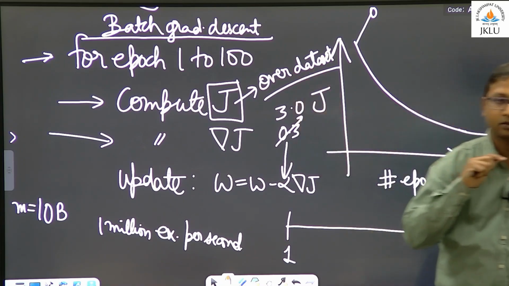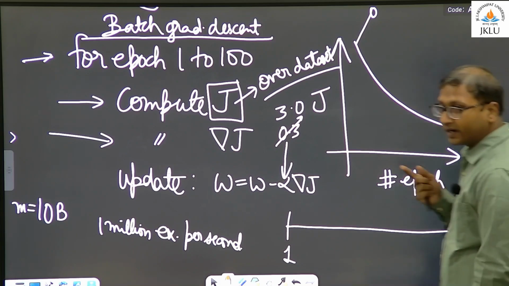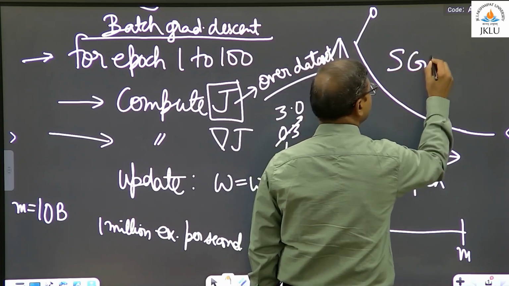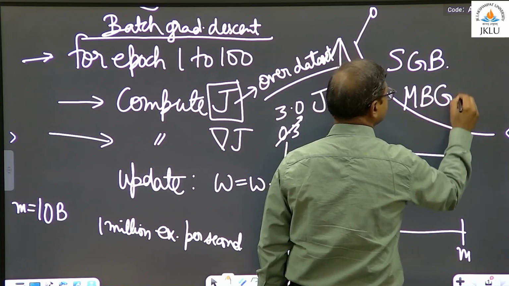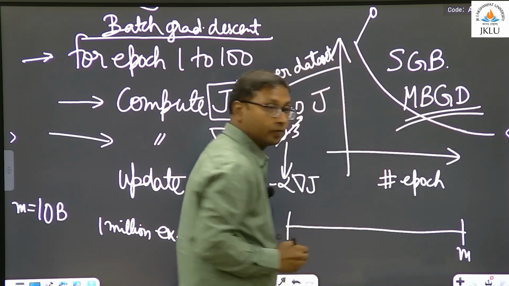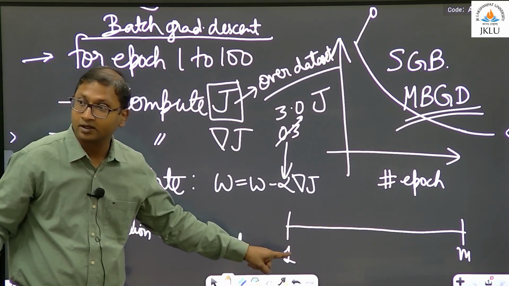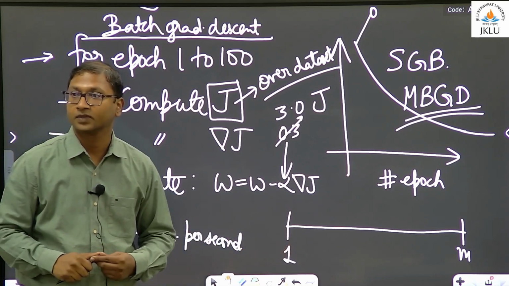What will stochastic gradient descent do? Be it PyTorch, be it TensorFlow, when they say stochastic gradient descent, what they actually mean is mini batch gradient descent. Because stochastic gradient descent is this: you just update on one example, right?